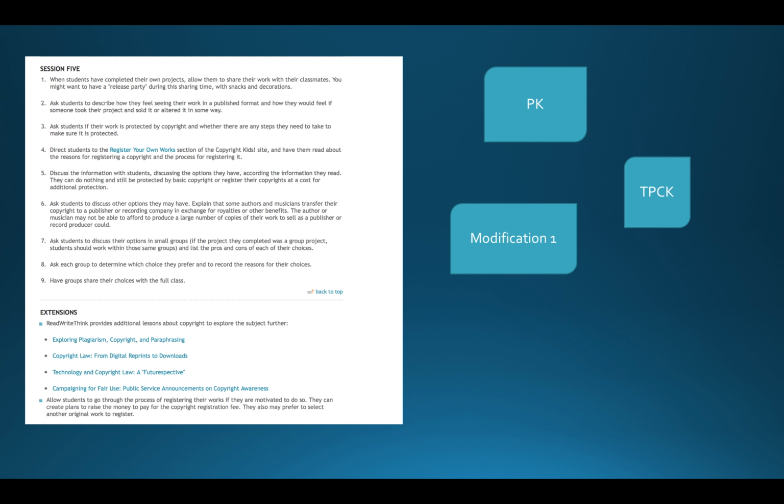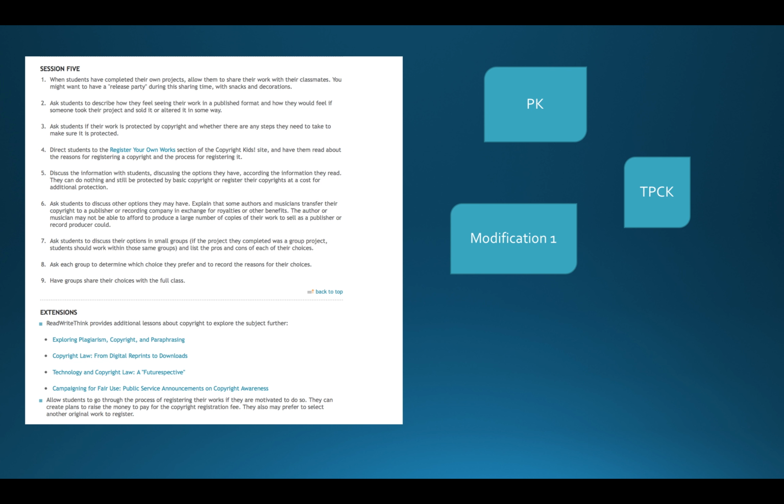And then the first modification I found with session 5 would be maybe that more tech collaboration could be incorporated in session 5. So maybe actually stating how the students can share their work, whether it's with a smart board or with a projector, and then maybe the students are creating their work online, or with tools on the web, so something like PowerPoint, mind maps, posters, where they're not just walking up to the class and saying what they learned.